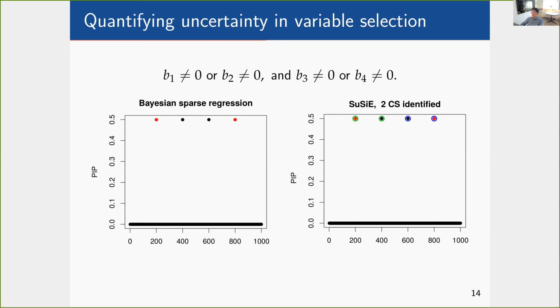You expect to see 2 causal variants out of the 4. So that's not as ideal as if you can make a statement saying, I identify, in this case with the same PIPs, that they should fall into 2 independent clusters. One of them should have exactly 1 causal variant, right?